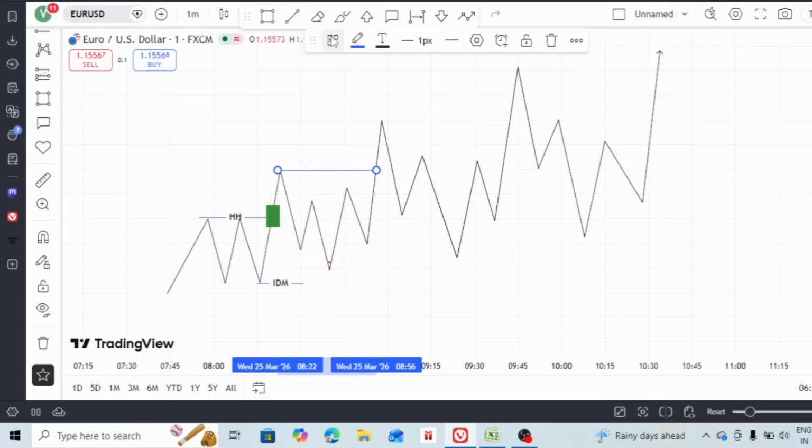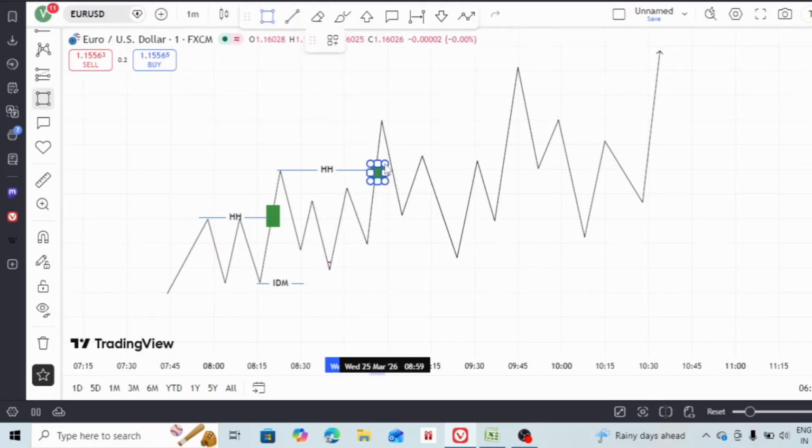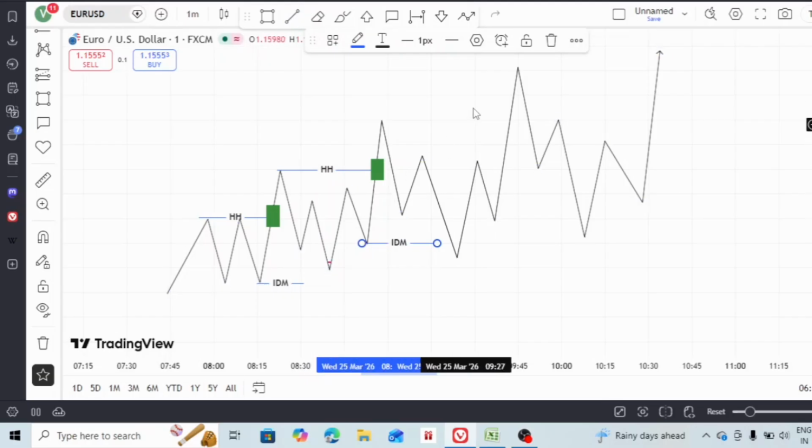If it has broken with the body candle like this, then where is the first pullback? This will be the first pullback, right here. The first pullback will be our inducement level. So we have our inducement level here.